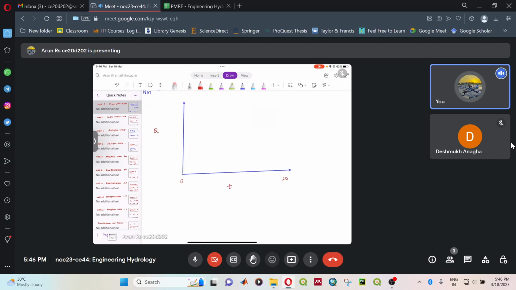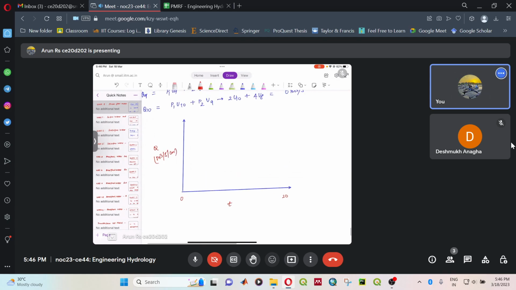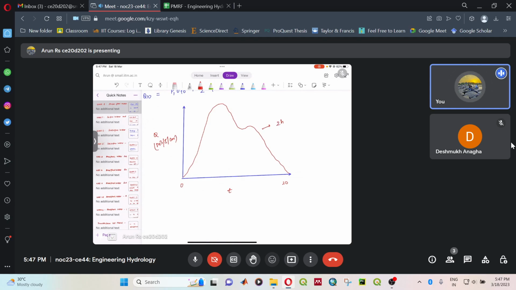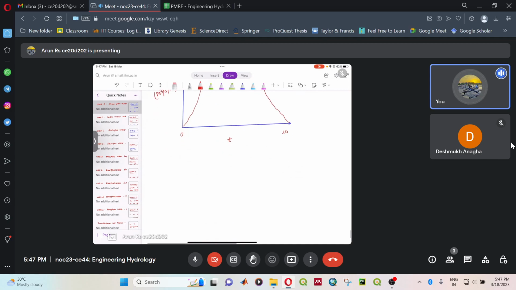And this is your discharge, meter cube per second per centimeter. So this will be the kind of variation in the unit hydrograph. So this is the 2-hour unit hydrograph. But in the rest of the questions, it will be something like this.